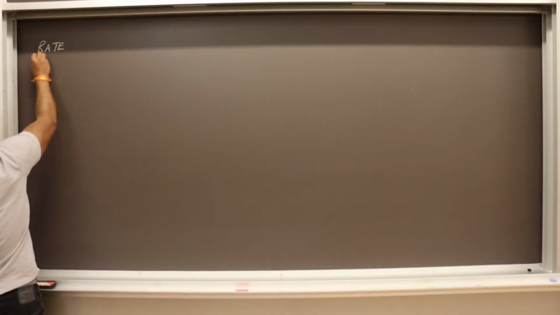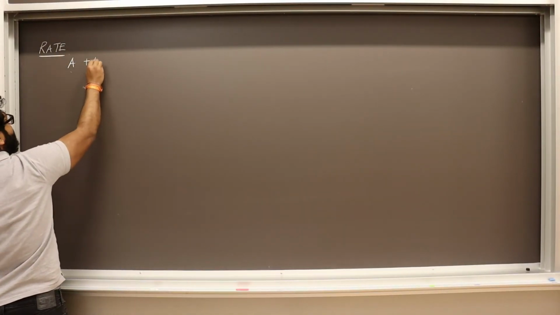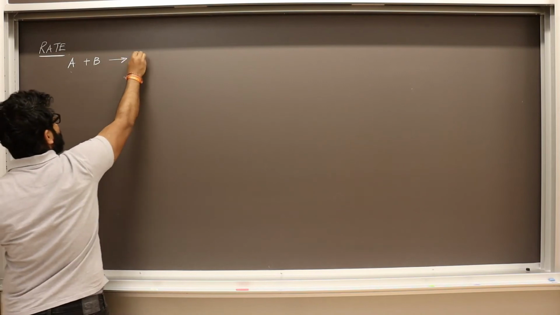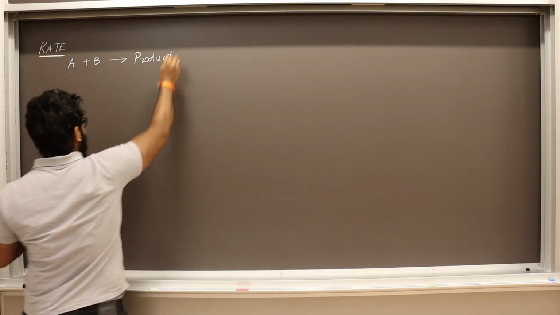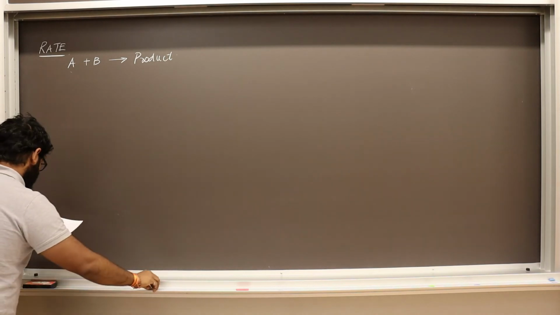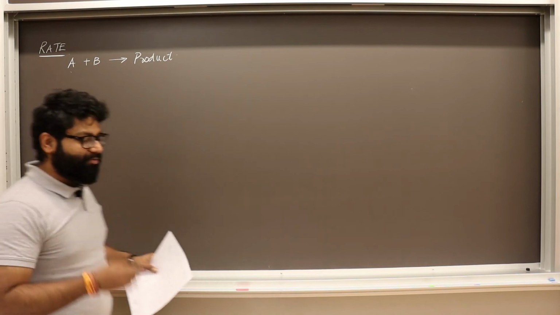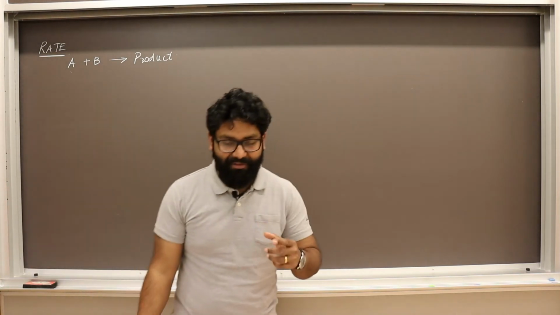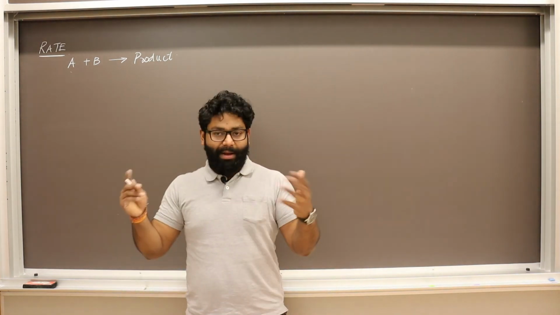So let's suppose you have a reaction, something like this. Okay. Now, what we saw in the elementary reaction is that, as I briefly mentioned, 2 molecules have to come together, whatever that molecule number is.